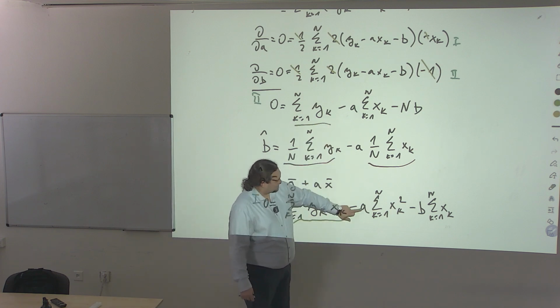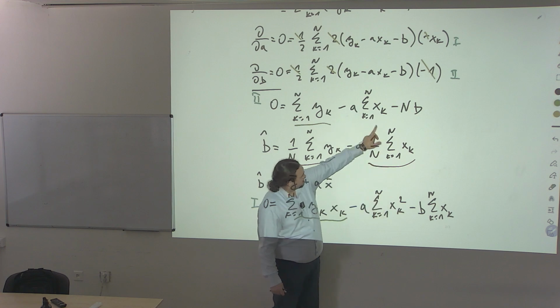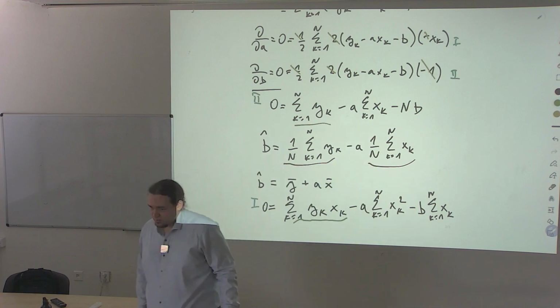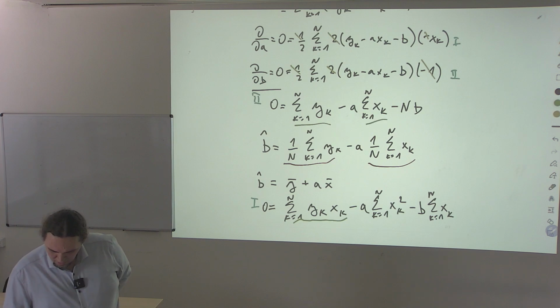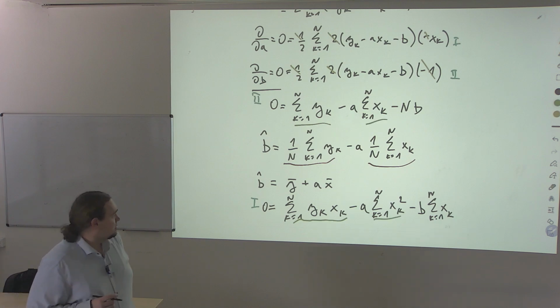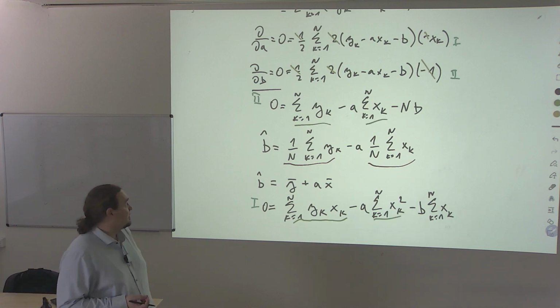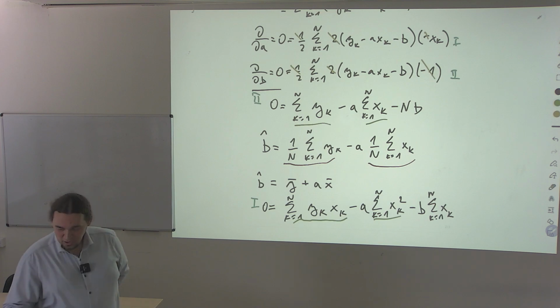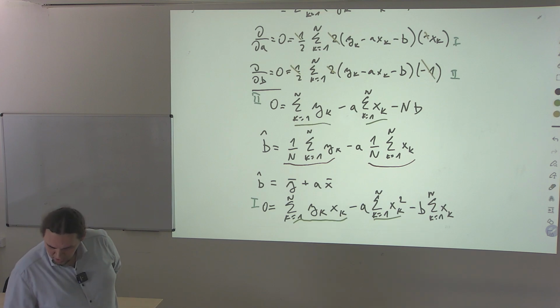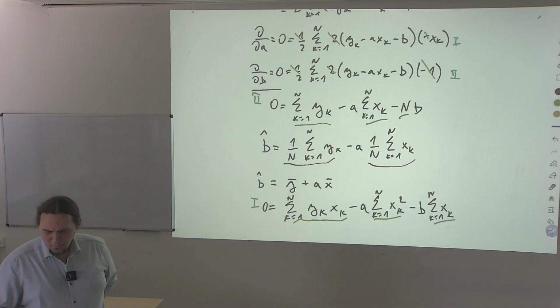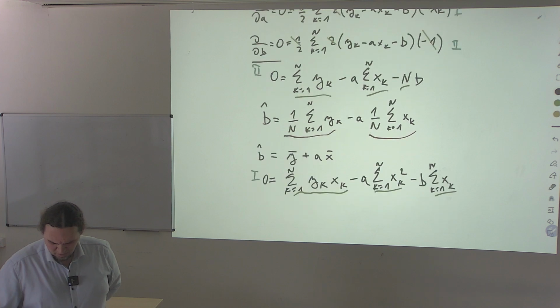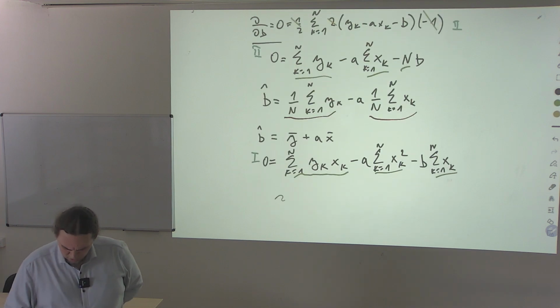Then we have minus a times another sum, another coefficient, we might say, so something which we can easily calculate from the data, and the same goes for these last expressions.